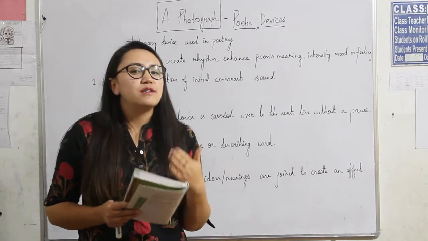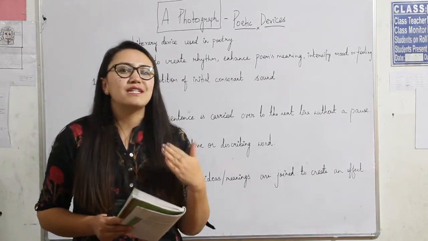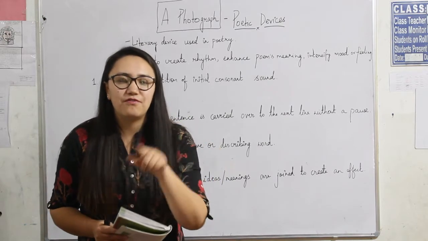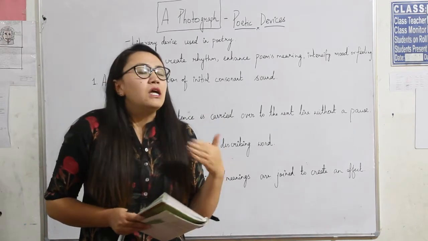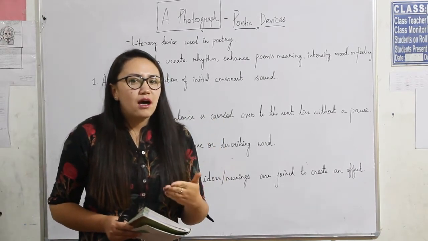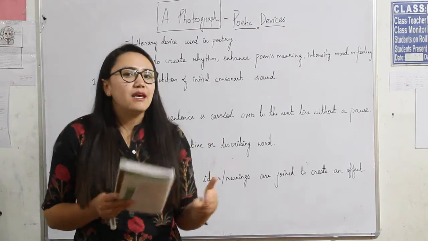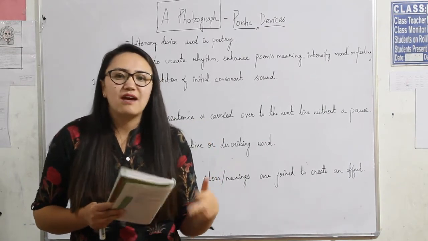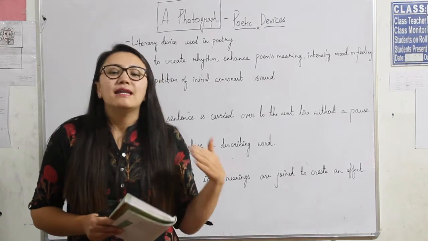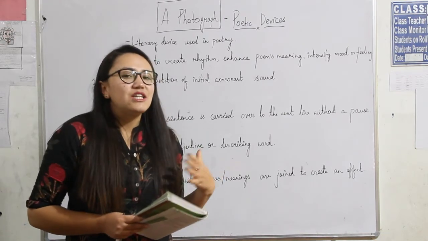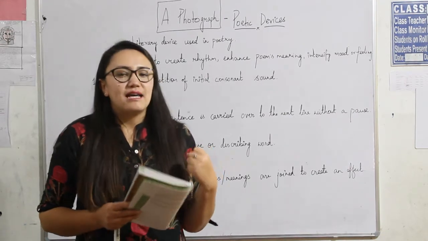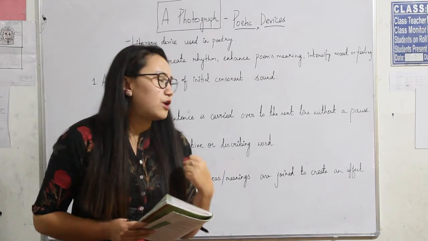Alliteration is the repetition of a consonant sound in a phrase. When two neighboring words have the same consonant sound, you can call that alliteration.